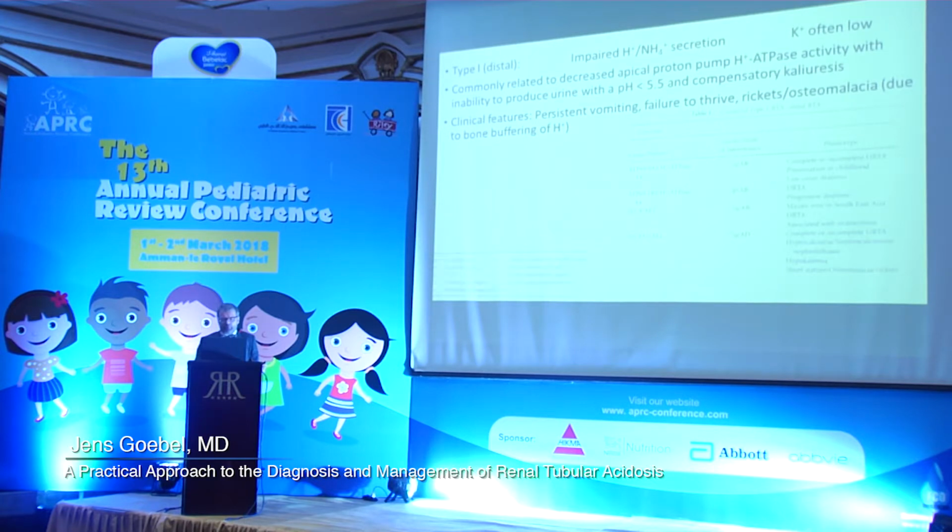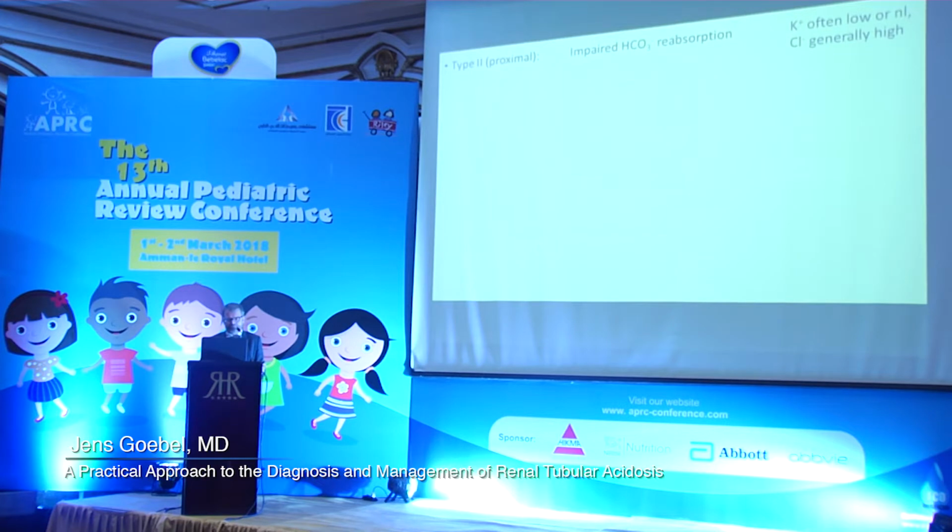And then secondary type 1 distal RTA, once again, they're due to some coexisting condition or part of some syndrome. Sjögren's is listed here, rheumatoid arthritis, and they can also have to do with some drug exposure, ifosfamide, amphotericin B, lithium. So those are some of the examples for secondary type 1 distal RTAs.